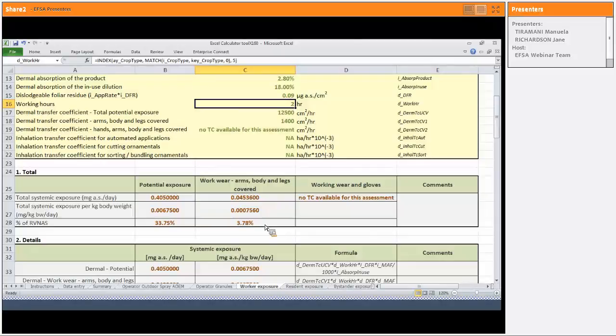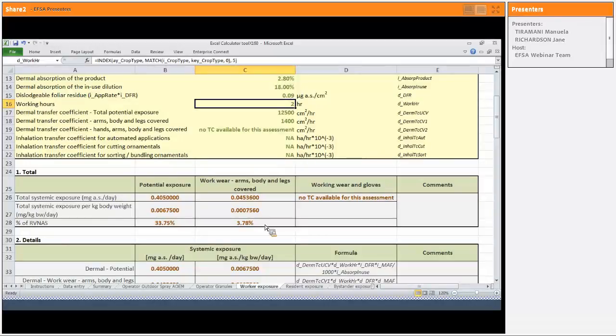Yeah, exactly. As a general point, however, I think that in case the worker exposure is showing an exceedance of the reference values, of course, a re-entry period could be calculated based on good available data in terms of decline or dislodgeable foliar residue study decline. That's correct.